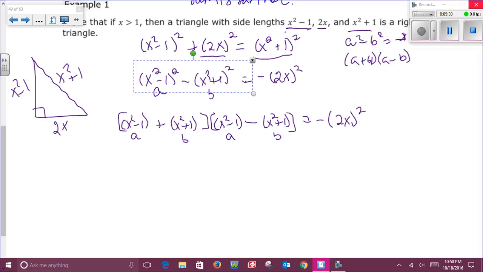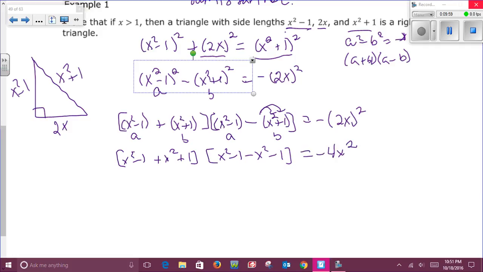What I'm going to do is take care of the math inside my parentheses, my brackets. So this is x squared minus 1 plus x squared plus 1. And this is x squared minus 1. And then I need to distribute that negative, so I'll have negative x squared minus 1. And this side simplifies to negative 4x squared.